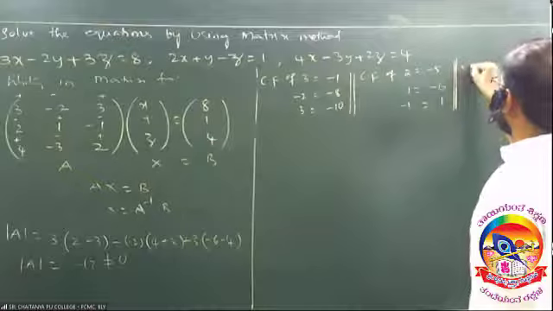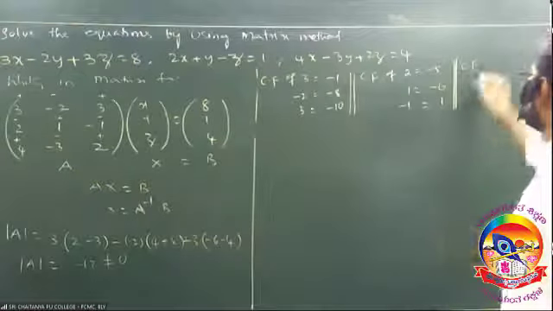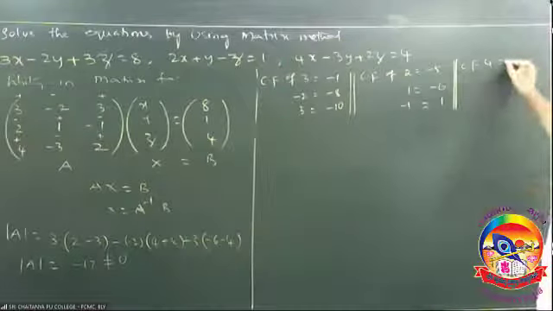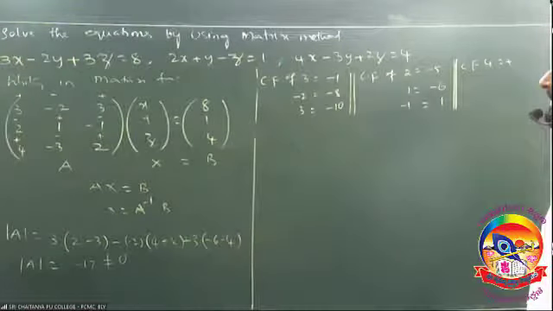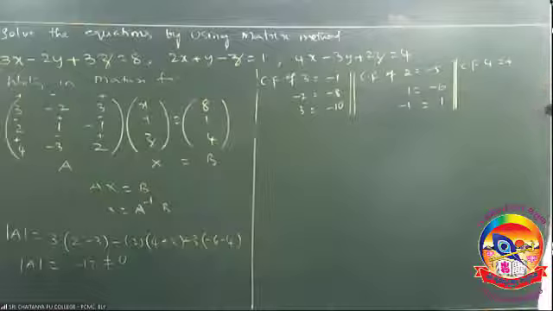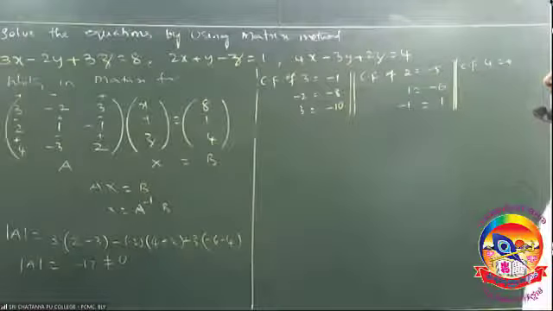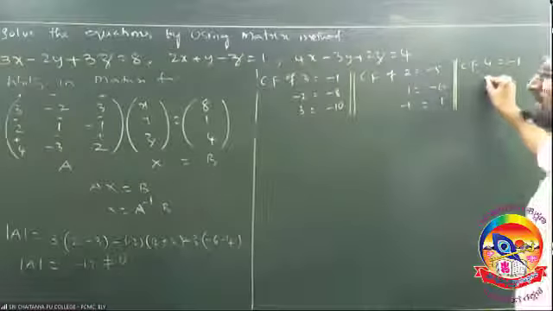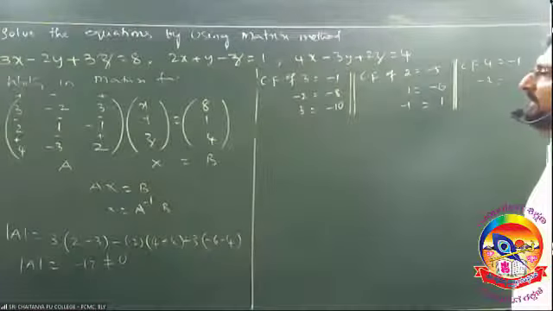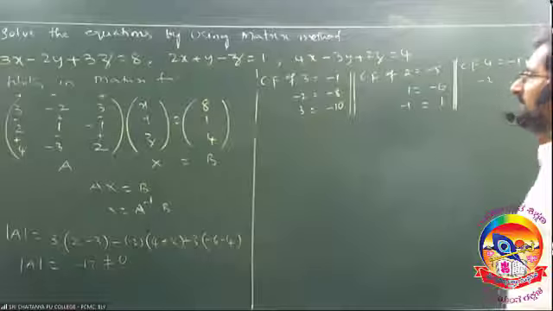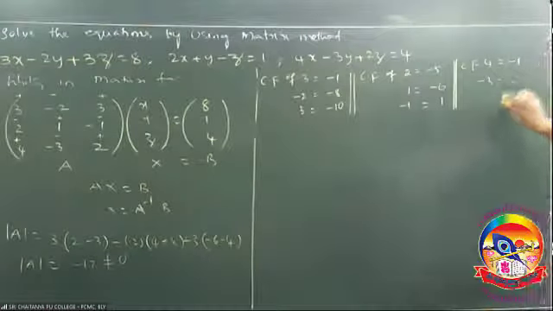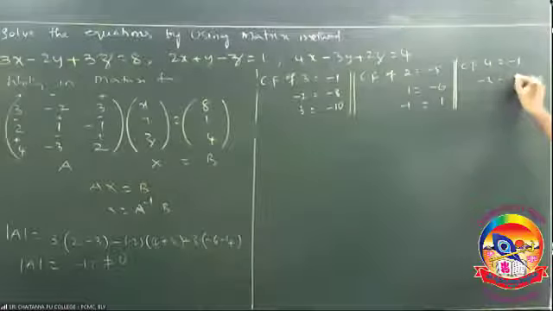And cofactor of the last row 4 is equal to, observe that one, it is positive, positive of minus 2 into minus 1, it is 2, 2 minus 3 value, it is negative 1. So it is minus 1, am I right? And cofactor of minus 3, you are going to get 9, observe it. Minus of minus 9, it is positive 9.